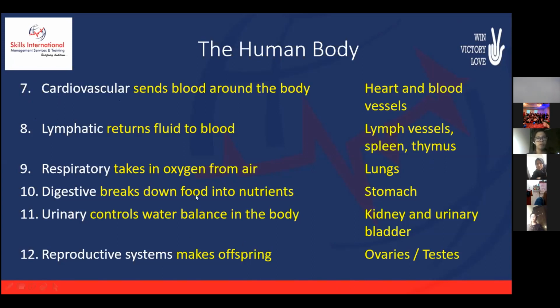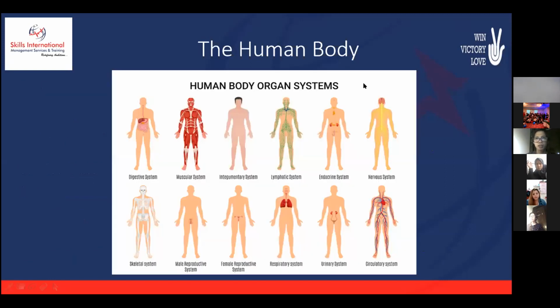Pag naman nakita mong ovarian cancer, testicular cancer, you would know that it's all about reproductive system siya kasi ang ovaries. It's the female genital part. It's the one that is responsible for reproduction in the females and vice versa sa lalaki.